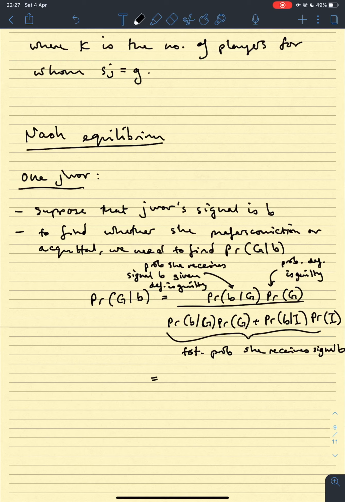From the probabilities that we defined earlier, the probability that the juror receives the signal B given that the defendant is guilty is 1 minus P, and the probability that the defendant is guilty, which the juror has beforehand, is pi, so that's 1 minus P times pi. And the probability that the juror receives the signal B given that the defendant is innocent is Q, and the probability that the defendant is innocent is 1 minus pi.